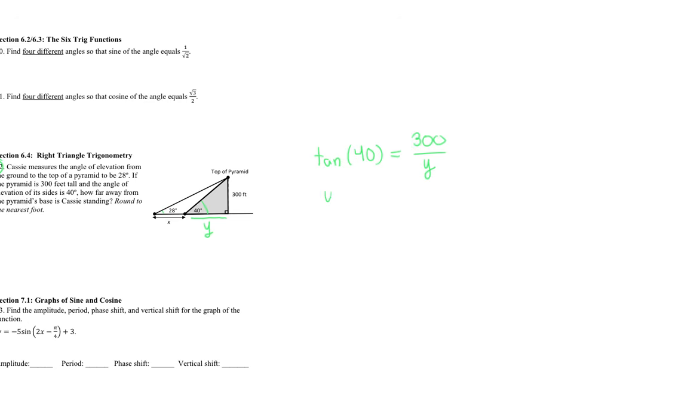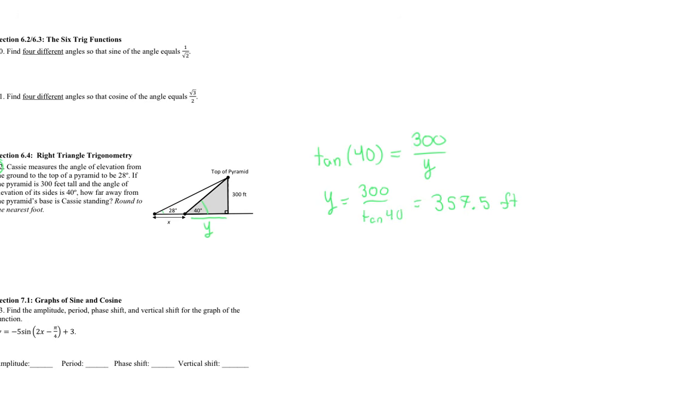That gets us that y is equal to 300 divided by tan 40 degrees, which gets us 350.5 feet. Oh, sorry, 357.5. I read my calculator wrong.